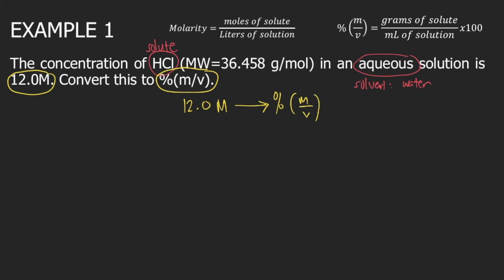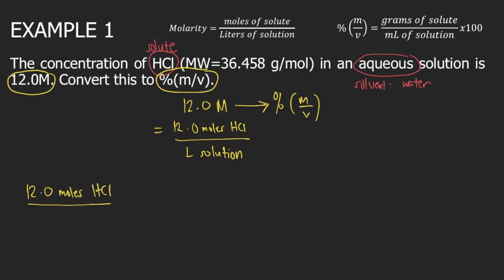Remember what I told you a while ago, that when you say 12 molar, this means 12 moles of solute. Our solute is HCl per liter of solution. So let's just rewrite that. 12 moles of HCl divided by liters of solution.